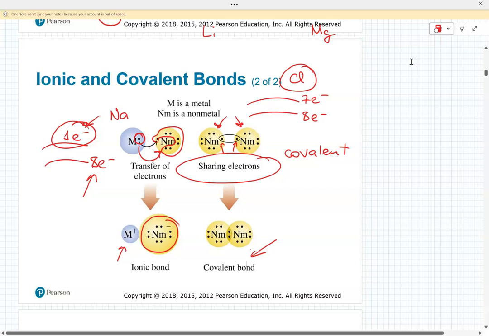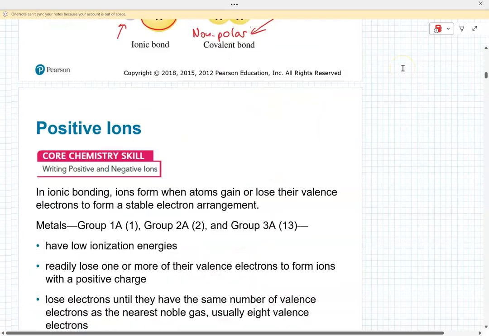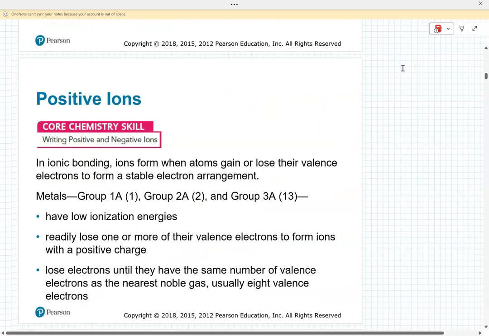One is not going to have any dominance in owning those electrons. So this is a nonpolar covalent bond. Does that make sense? Okay. So we're going to chat about positive ions and all other crap on Monday.